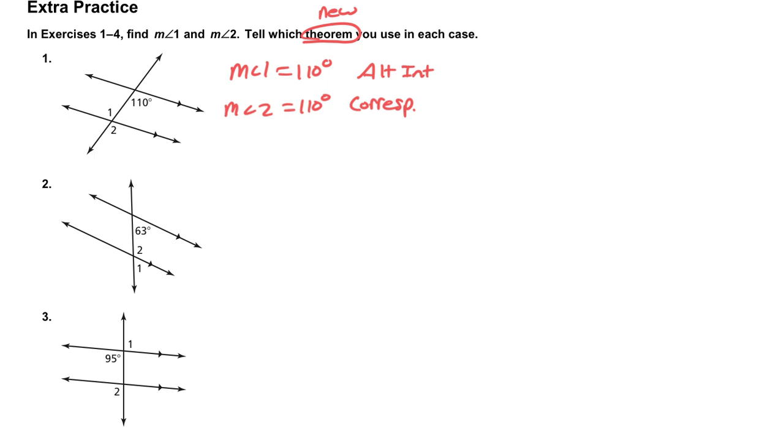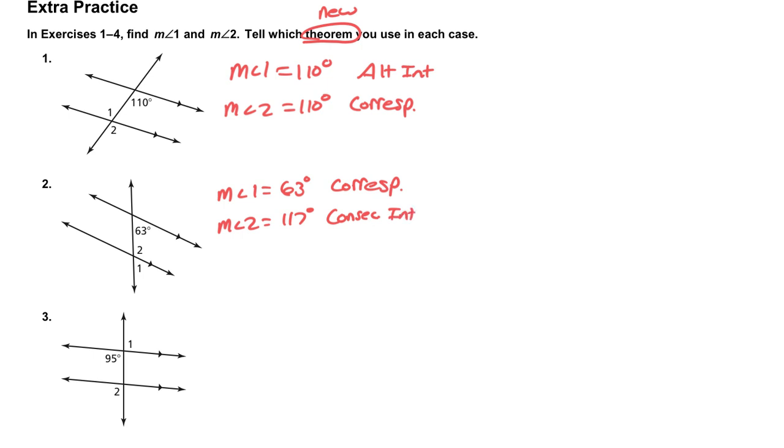Now, if I look at number 2, I can say that the measure of angle 1 equals 63 degrees because of the corresponding angles theorem. And then the measure of angle 2 is going to equal 117 degrees because these are consecutive interior angles, and that means they add to make 180.